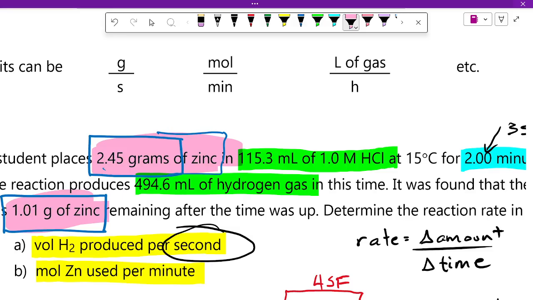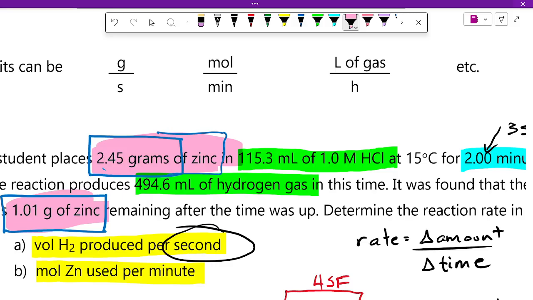So you need to really get good at reading what the sentence says and interpreting what it means. So you have literally produced exactly that much. How much have you used up? Nowhere in that question does it say you used 1.01 grams. It says you started with 2.54 and you finished with 1.01. So you have to calculate how much was used.